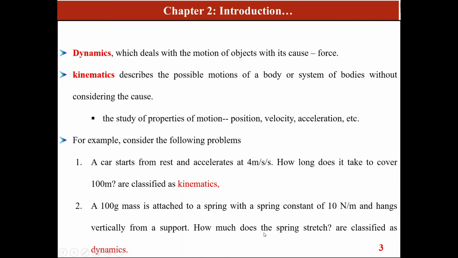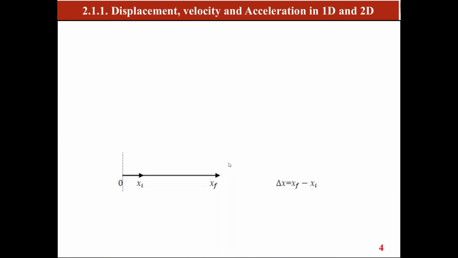Whenever we look for the x value, we should apply Hooke's law. The restoring force is minus kx, so we should include the force, the cause. Therefore, in such cases, we need to calculate the change in x value. So this is under the category of dynamics.